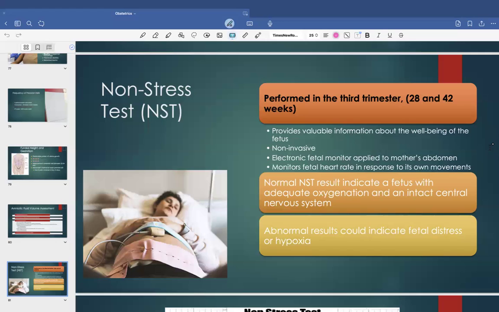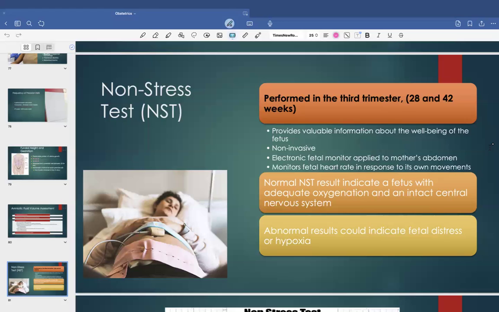An electronic fetal monitor is applied to the mother's abdomen, and it monitors the fetal heart rate in response to its own movement. So a normal non-stress test result indicates the fetus has adequate oxygenation and an intact central nervous system. Abnormal results could indicate fetal distress or hypoxia.